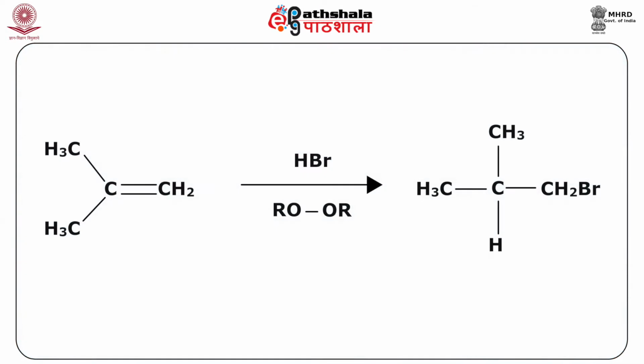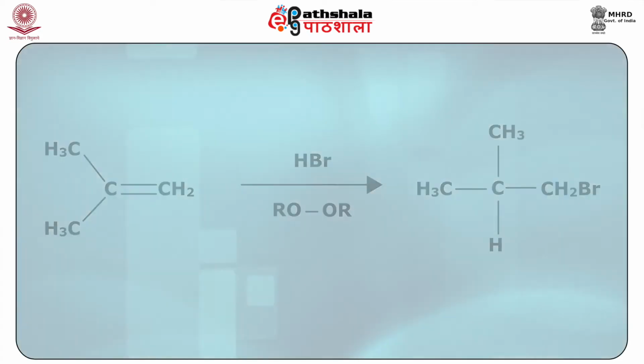For example, 2-methylpropene reacts with HBr in presence of a peroxide such as tertiary butyl peroxide regiospecifically to produce an anti-Markovnikov product. As seen in the given structure, the product formed is anti-Markovnikov, wherein the halogen atom adds on to the carbon atom bearing more hydrogen atoms.